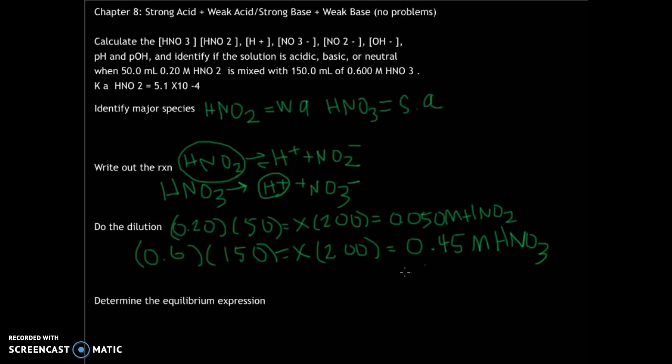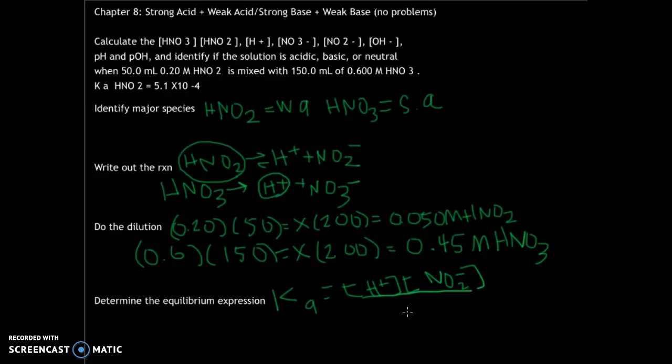Here we go. Now, we will have an equilibrium expression for one of these. It will be for the weak one. Here's why. Weak substances go to equilibrium. So my equilibrium expression is going to look like this. Ka. I call it A because this guy is an acid, right? Equals products over reactants raised to their respective coefficients, which all of these are 1.